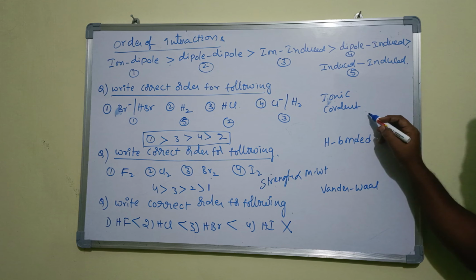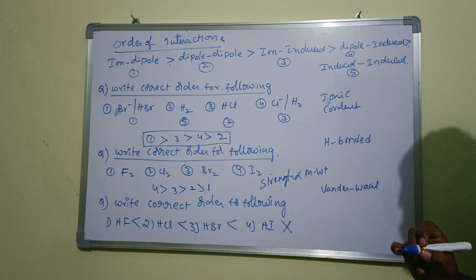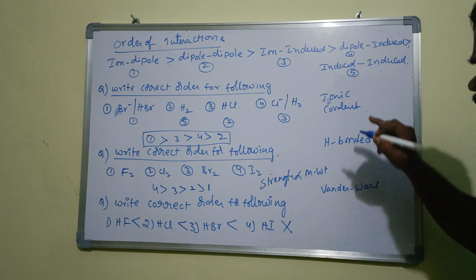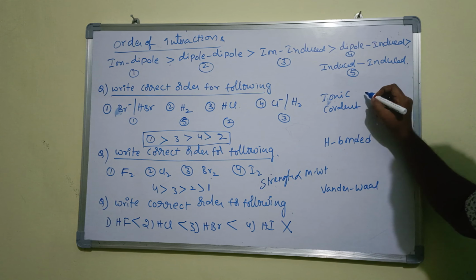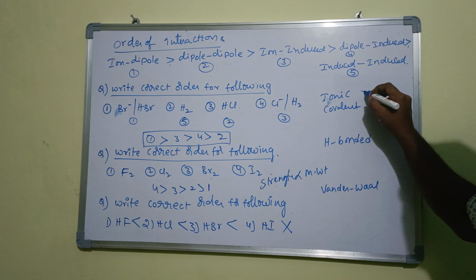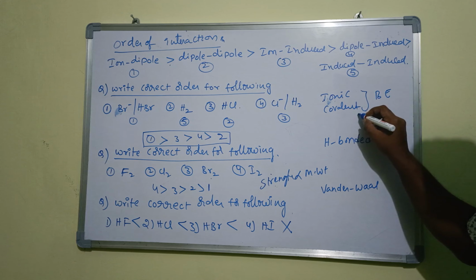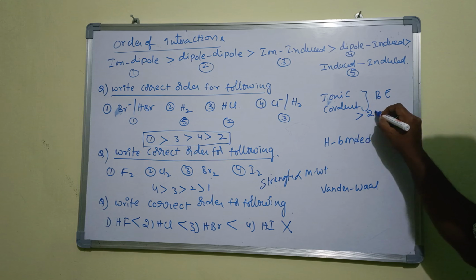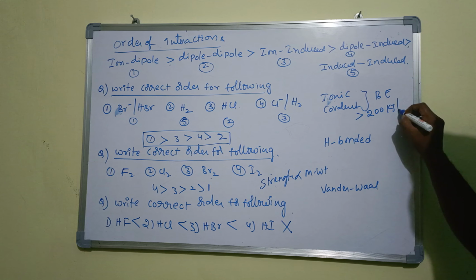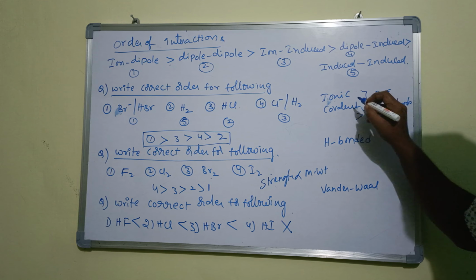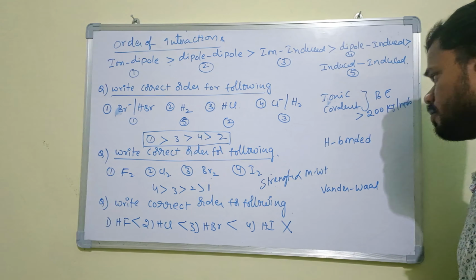Ionic and covalent are very strong interactions. If strong interactions are present, the bond energy is greater than 200 kilojoule per mole. This much bond energy is present in ionic and covalent bonds.